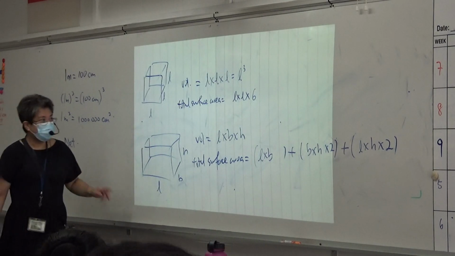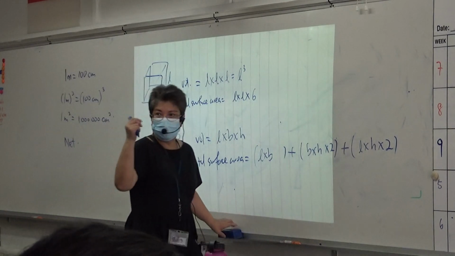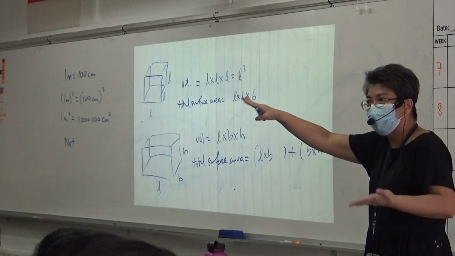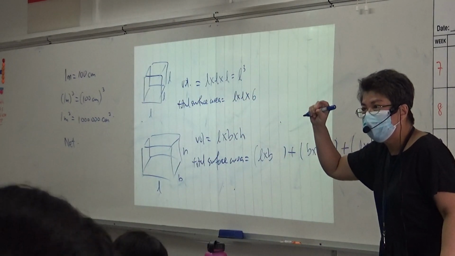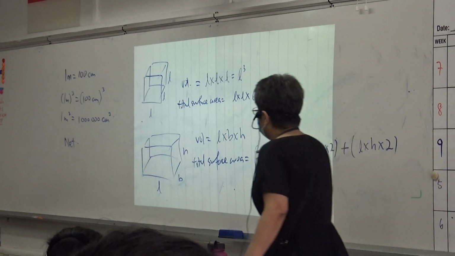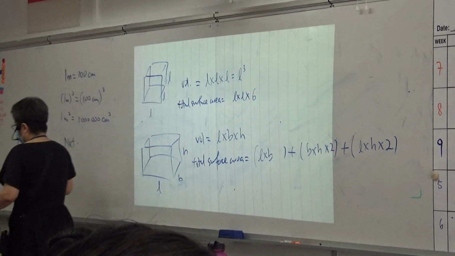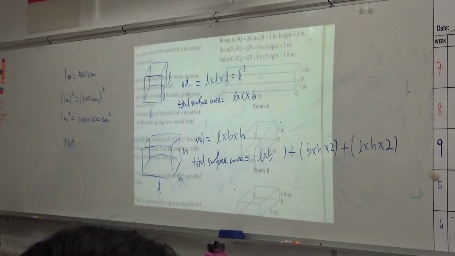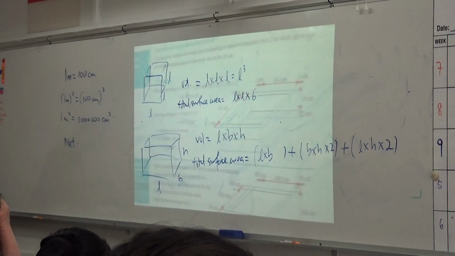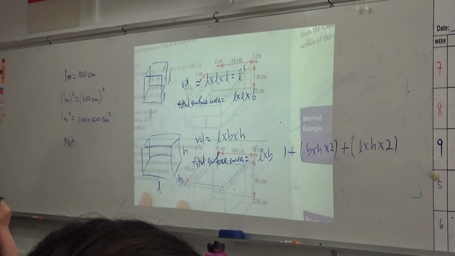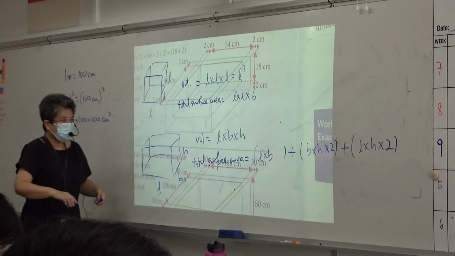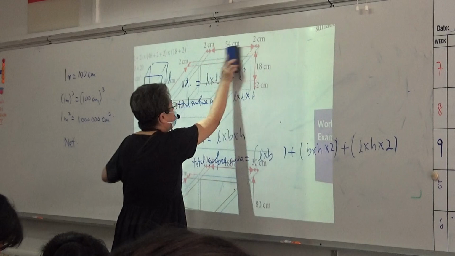Understand? And just now the example whereby there's a thickness. Do you agree that the top is a flat thing? That's why there's no thickness at the top. Do you understand what I'm talking about here? Yes or no? Okay? For those who are unsure, if you look at this particular cuboid that they have shown you on the page, I'm going to show you here.